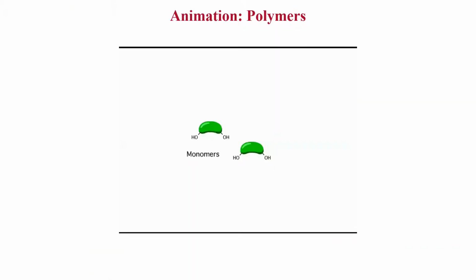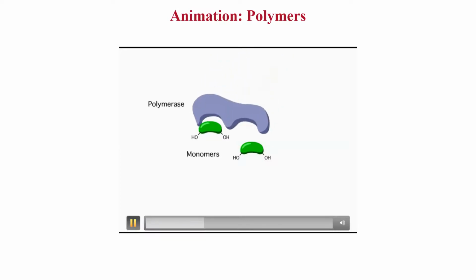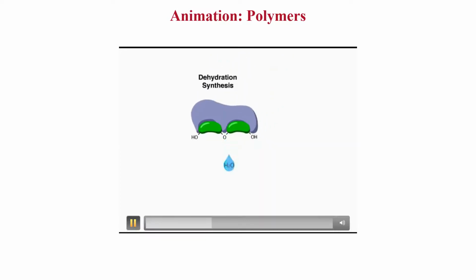This is a short overview of polymers. Most biological molecules are very large and are built by assembling small molecules, or monomers, into long chains. The resulting molecules are called macromolecules, or polymers. A process of linking monomers, called dehydration synthesis, involves the removal of 2 hydrogen atoms and 1 oxygen atom to form water.